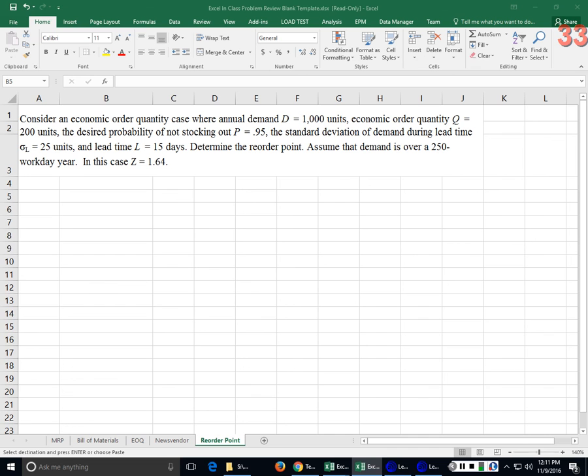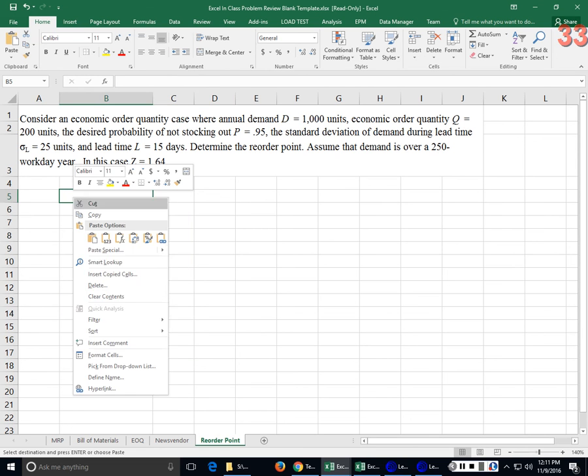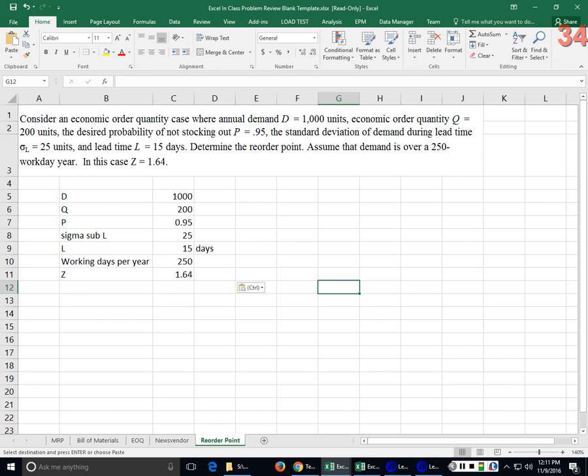So, I'm just going to copy the variables out of that, because at this point you should be pros at coming up with those variables. Annual demand is 1,000, order quantity is 200, targeted probability is 0.95, standard deviation of lead time demand is 25, lead time is 15 days, working days per year is 250, and Z is 1.64.